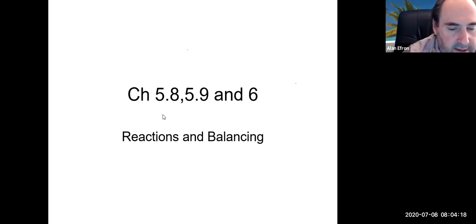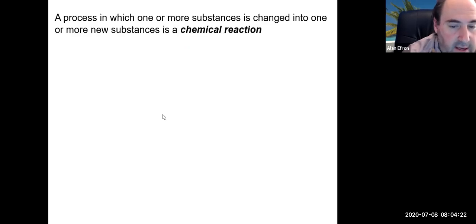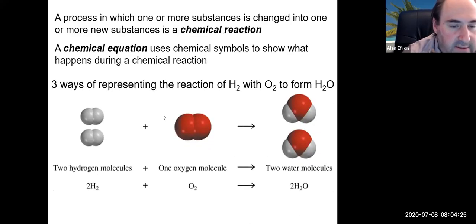All right, so let's start with actual chemical reactions and equations. Any process in which one or more substances are changed into new substances is your basic definition of a chemical change. Most chemical changes involve a chemical reaction occurring. Basically, whatever you start with and whatever you end up with are two fundamentally different things.